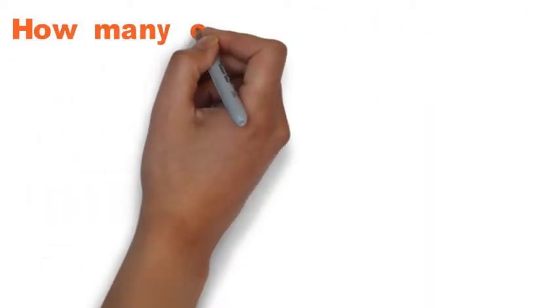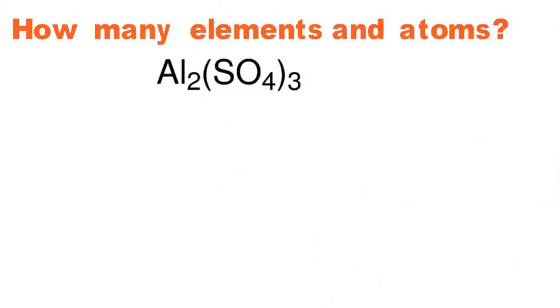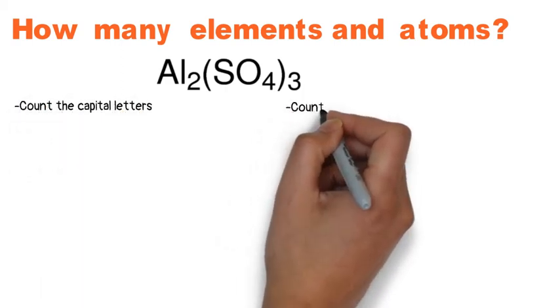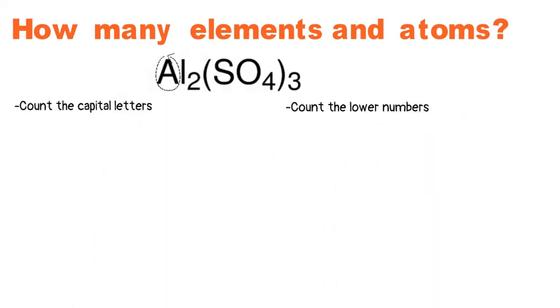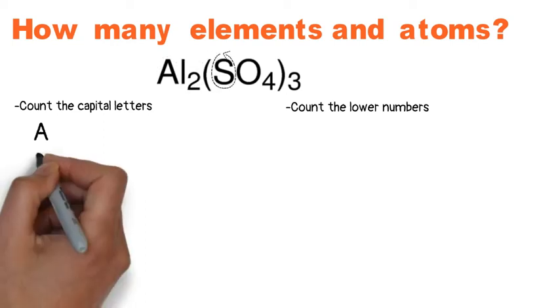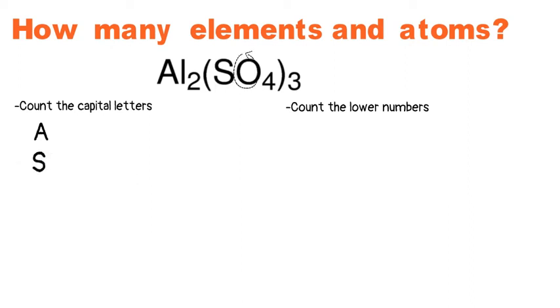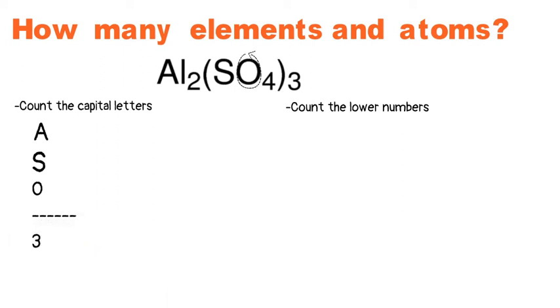Let's go to the second example. Al2(SO4)3. So let's count the capital letters and the number beside each element. Here the A is the capital, second the S, and the third one is the O. So also here we have 3 elements. Let's see the number of atoms.